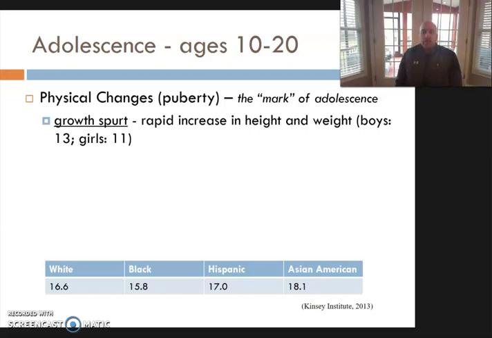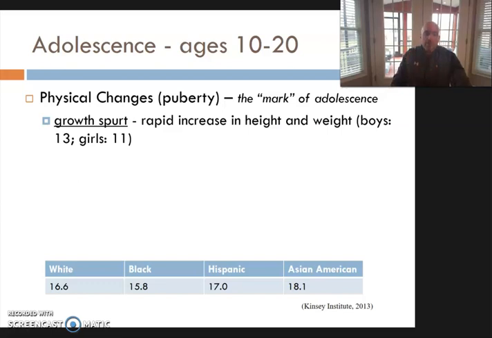A growth spurt, as you guys know, is when a person rapidly grows. Their height changes, their weight changes, and as you can see here, girls seem to hit their growth spurt a tad earlier than boys, but that's not true across the board. You might know someone from your grade school that hit his growth spurt right away and towered over everyone else.